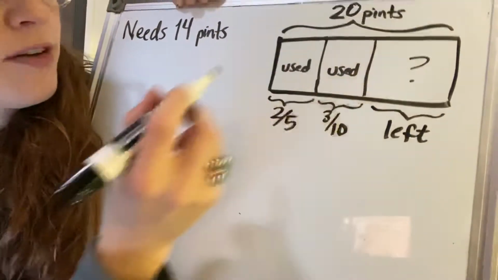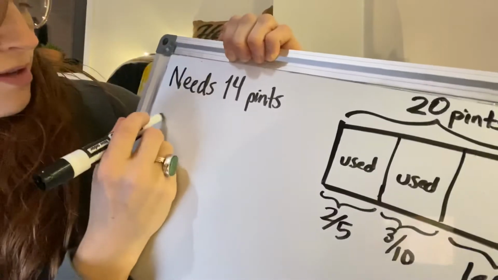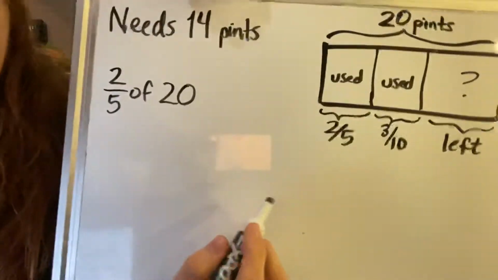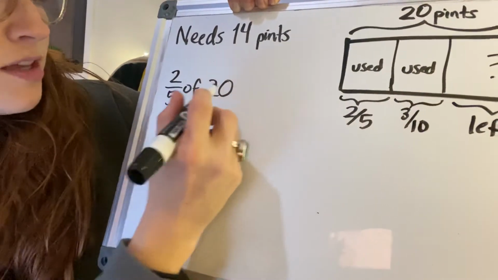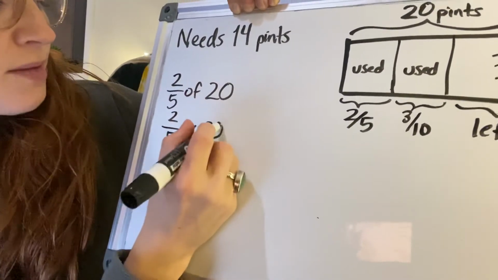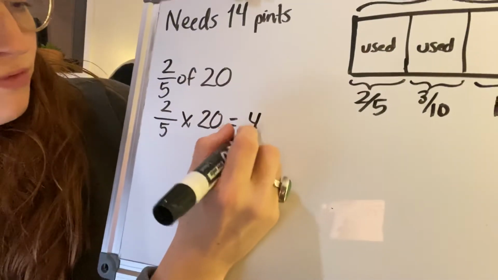2/5 of 20 is this amount. 2/5 of 20 pints. And again, remember when we see "of," that means multiplication. So that is saying 2/5 times 20. 2 times 20 is 40.